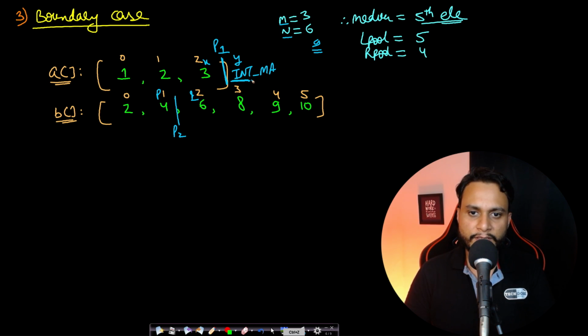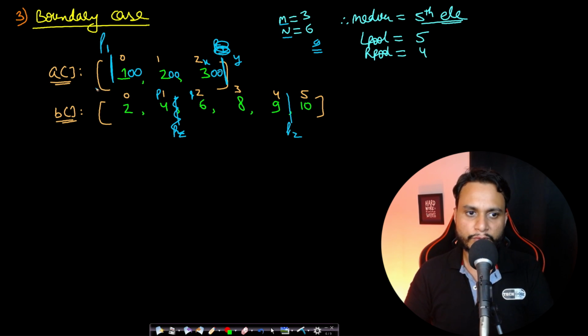In another case, I can also create another scenario where I say that partition 1 is here, right? Partition 1 is here because I can make these values 100, 200 and 300 in such a way that partition 1 is at the first point and then partition 2 is here. Now you have exactly 5 elements on the left pool and 4 elements on the right pool.